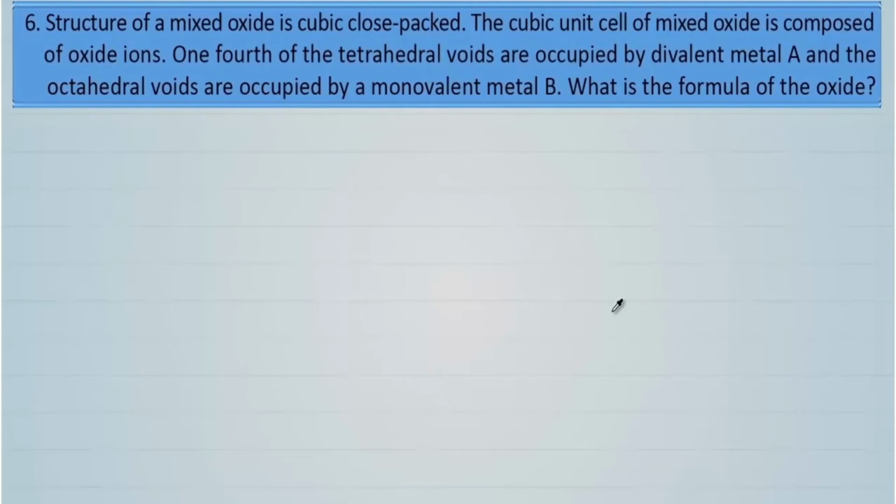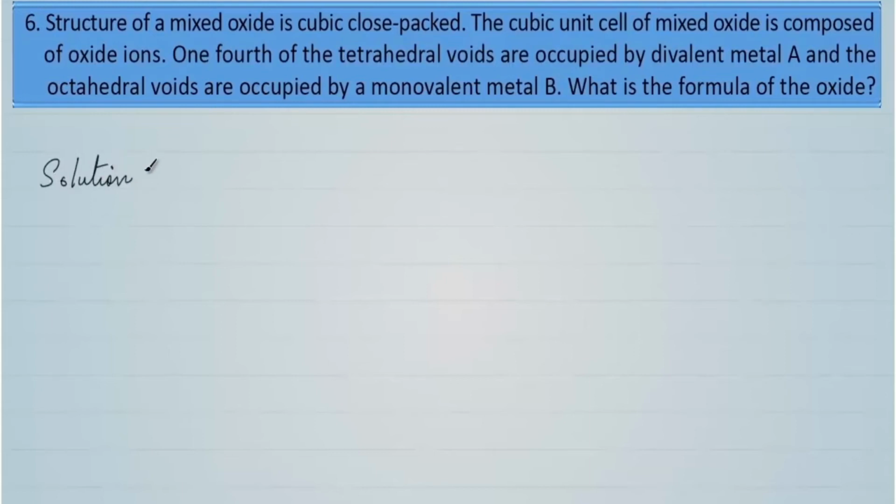Now the next question. The structure of a mixed oxide is cubic close packed. The cubic unit cell of the mixed oxide is composed of oxide ions. One fourth of the tetrahedral voids are occupied by divalent metal A and the octahedral voids are occupied by monovalent metal B. Now what is the formula of the oxide?